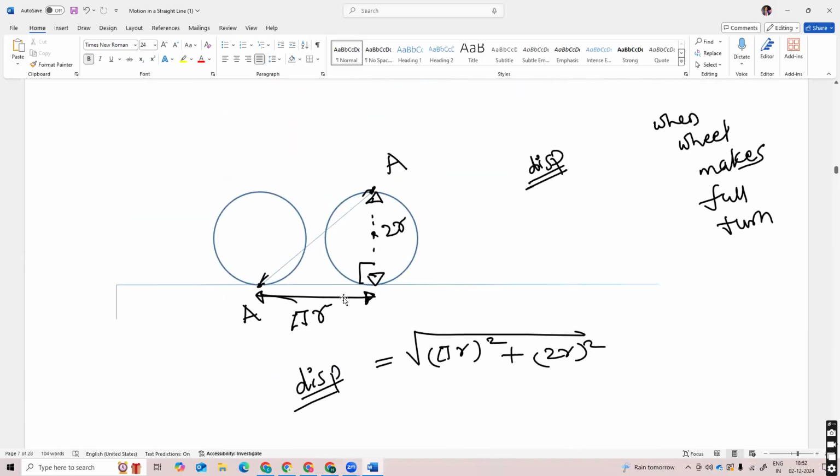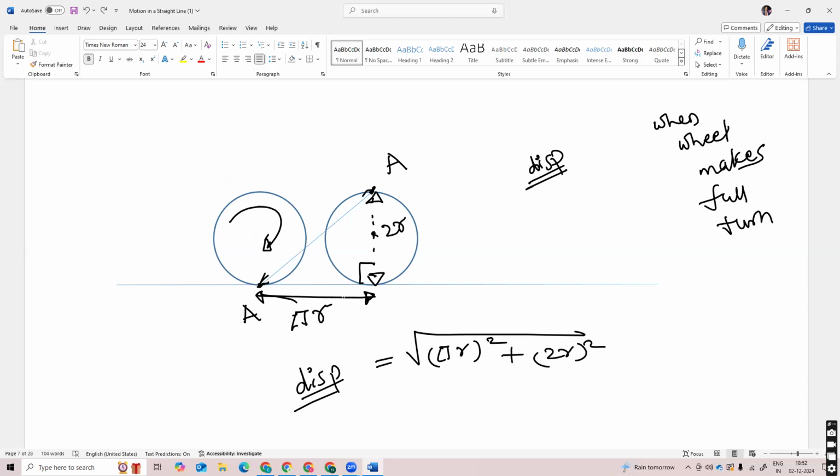So in this question, there is a wheel, and it is touching the ground at point A, and this wheel is moving in this direction. Let's say your whole vehicle is moving in this direction, or let's say it is only a wheel, forget about the vehicle. So it is moving clockwise.